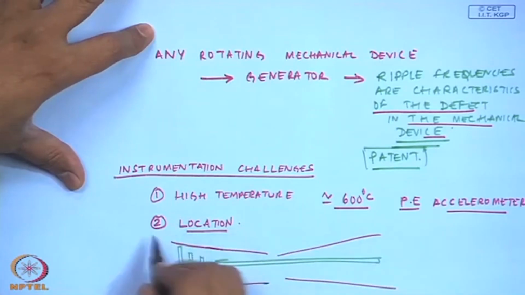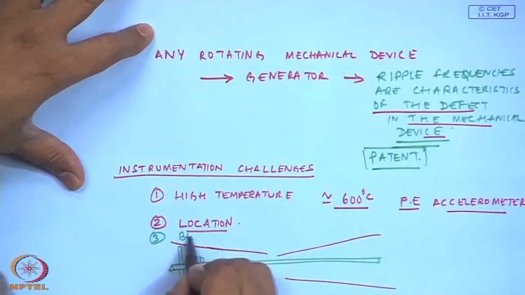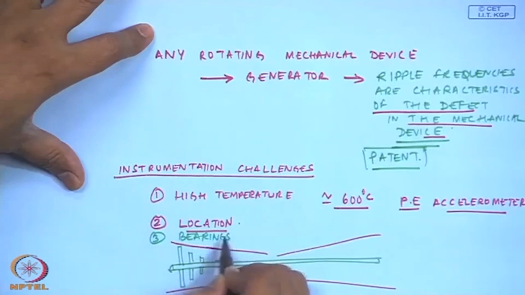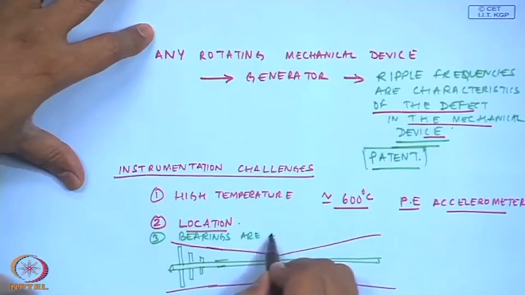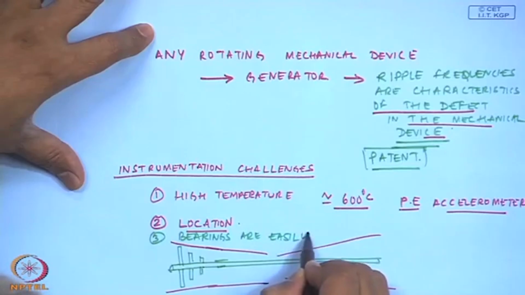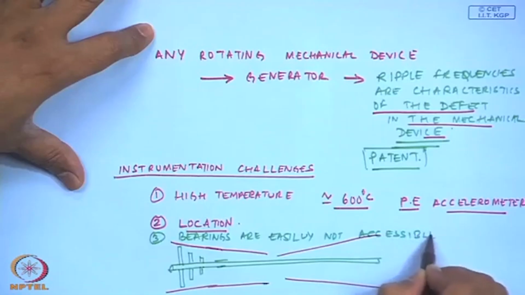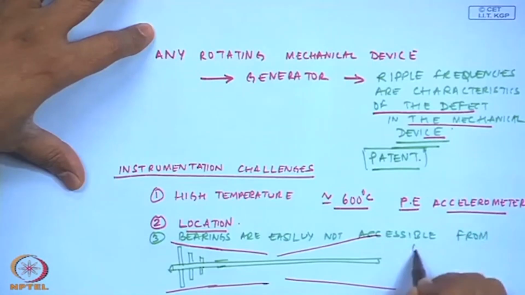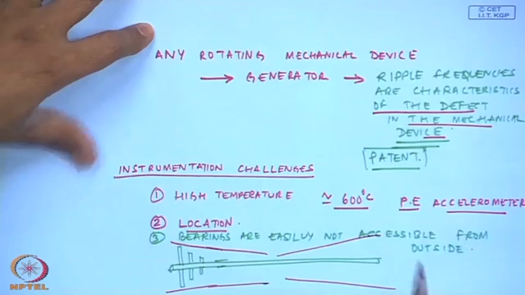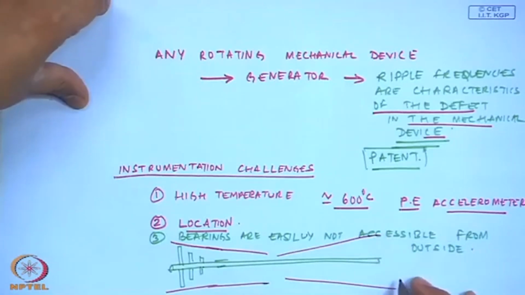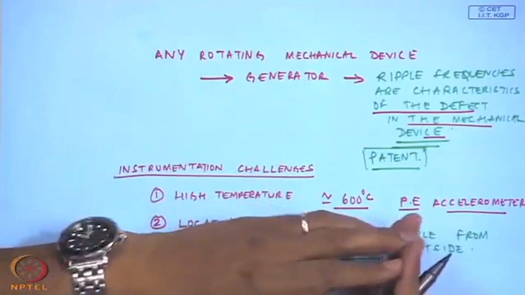So, bearings are not easily accessible from outside. This is again a challenge, and as you know, in all these machines the vibration reflects pretty well at the bearing locations, and if I cannot access the bearings, how do I measure them?